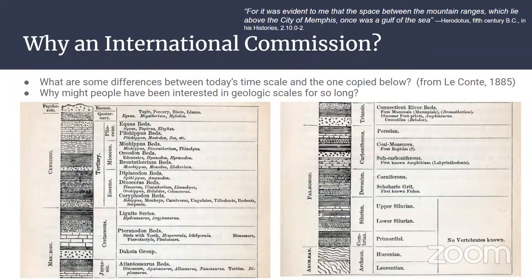So one reason for this is that when we talk about some of these periods, like the Carboniferous, you'll see coal here. One of the reasons for producing these geologic timescales and for thinking about what's in different layers and being able to tell them apart is that it's helpful for mining.